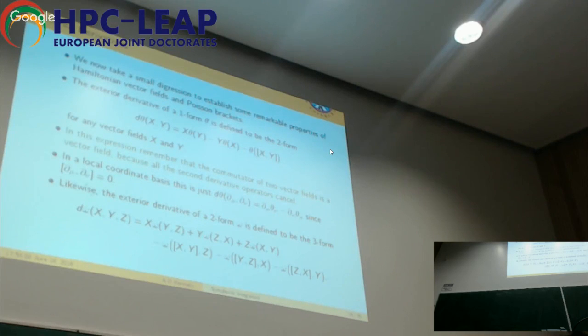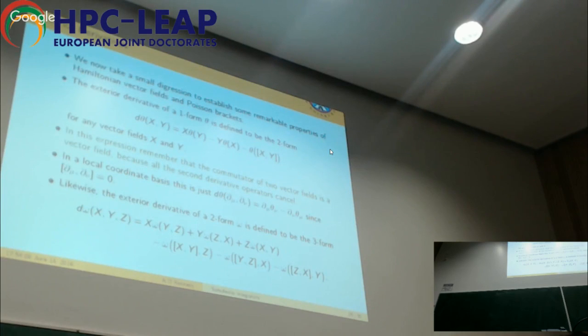So what happens when we apply the exterior derivative d to a two form? If omega is a two form, not necessarily a fundamental two form, just any old two form, then d omega is a three form. It takes three vector fields x, y, and z, and we define it in the fairly obvious way as x applied to omega of y and z, plus y applied to omega of z and x, plus z applied to omega of x and y.